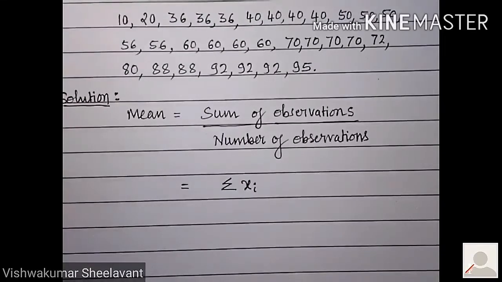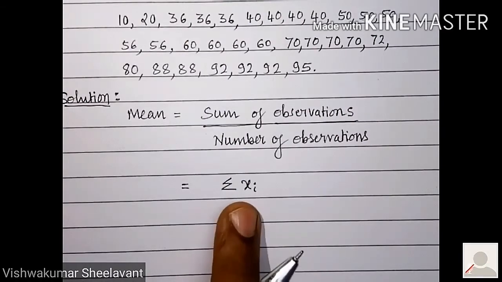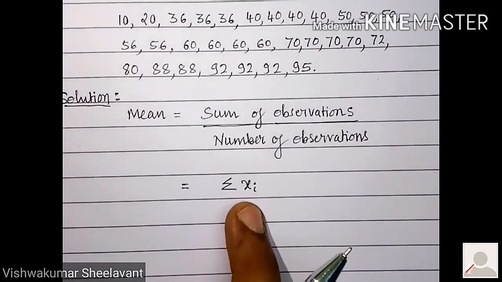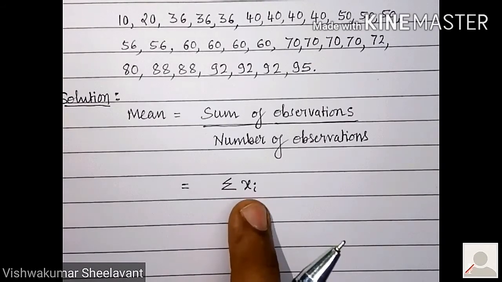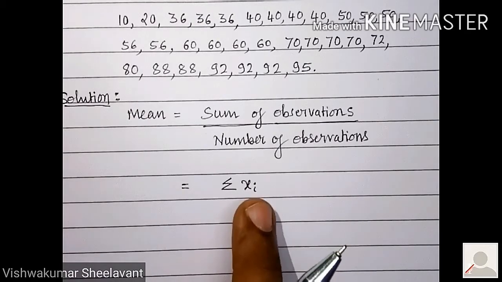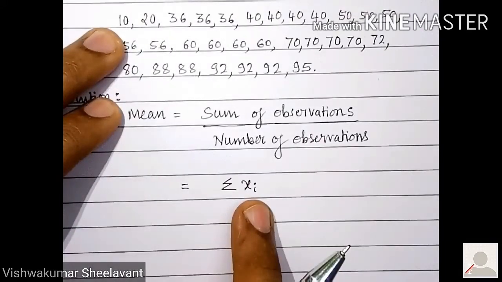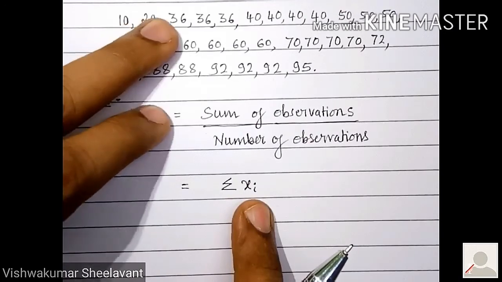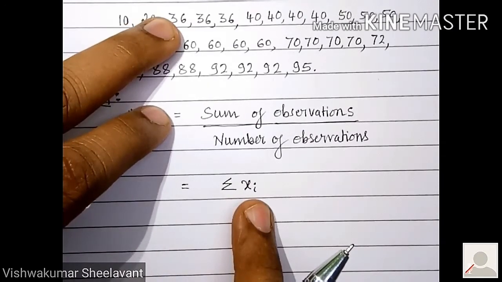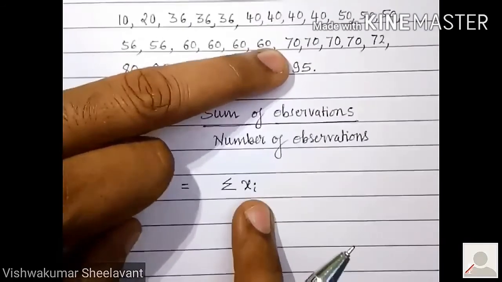Xi. Xi means ith observation. I is index. We call I as index. For first observation, I equal to 1. For second observation, I equal to 2. For third observation, I equal to 3. So on up to last observation.